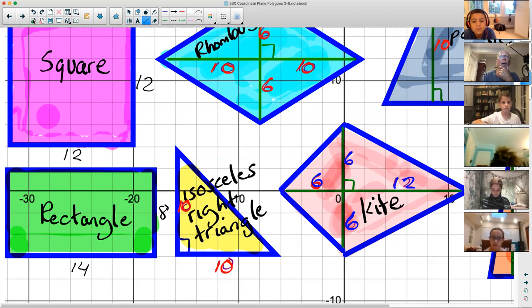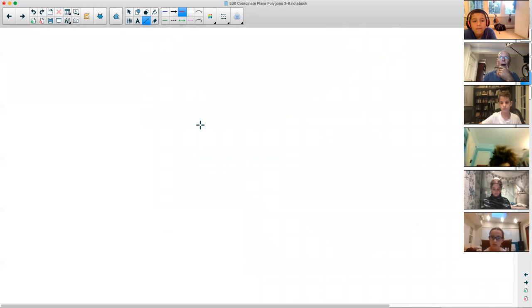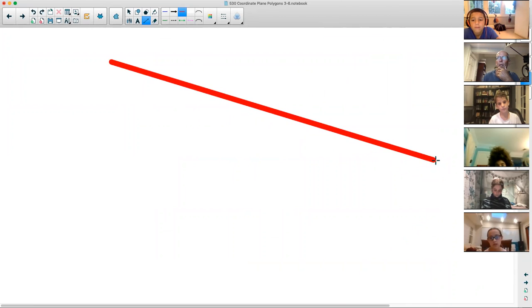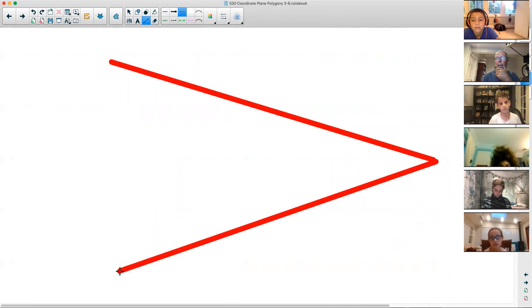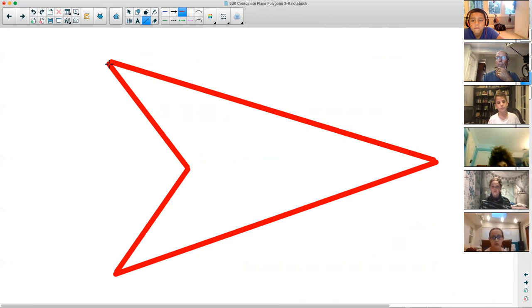In fact, I'm going to draw you a kite right now that I've just been thinking about as we're talking. This is actually going to be a kite. And it's got to follow the definition of a kite. So that is a kite just like the one we drew. And here's the definition. Are you ready for this? Actually, I'm not going to tell you. I'm going to draw it.